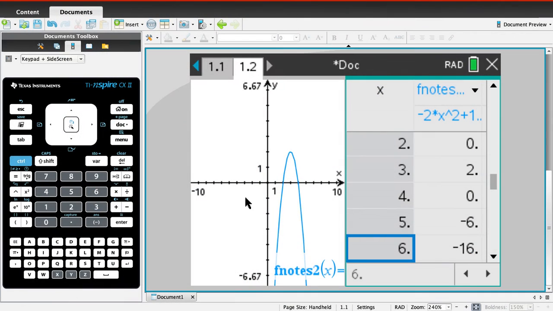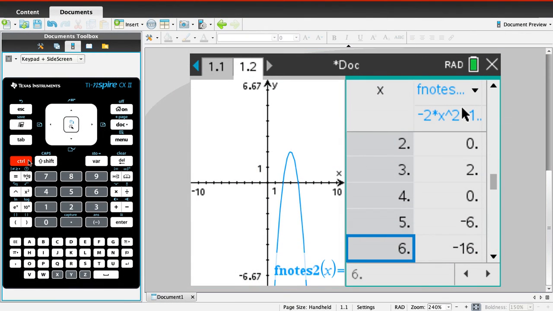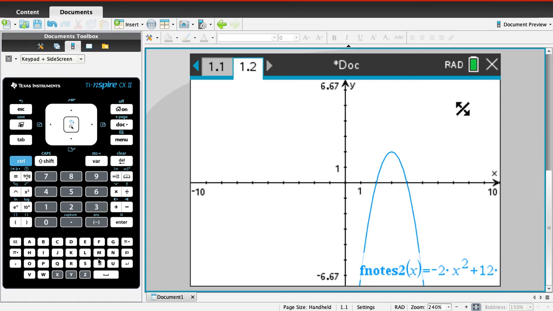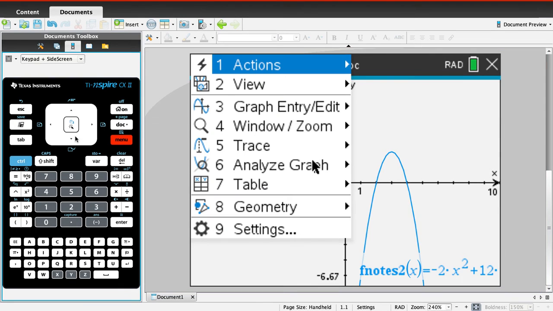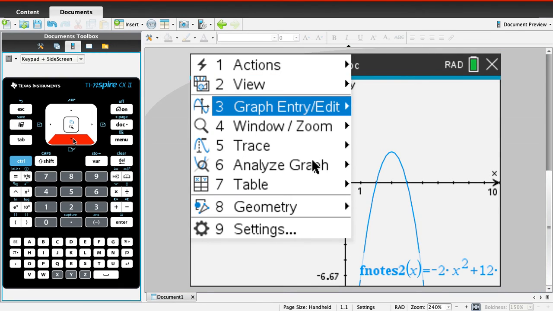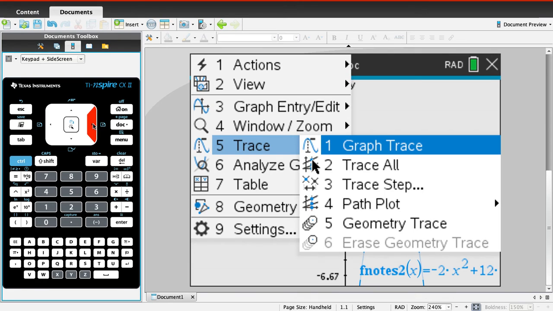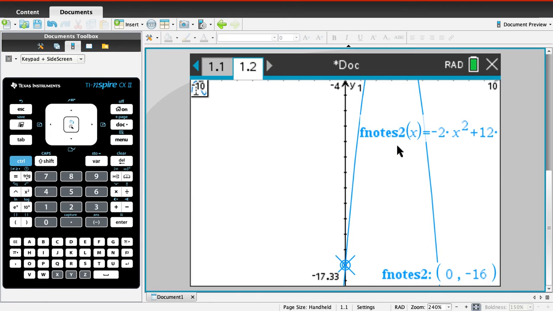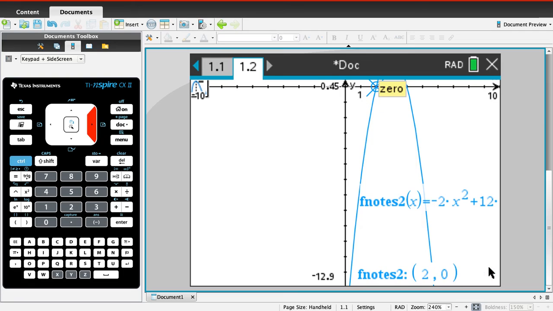But let's go ahead and verify that with our calculator. So I'm going to close my table. And I'm going to click Menu, Trace. And I'm going to go over to Graph Trace. All right. So let's see. So here I identified my y-intercept. Let's keep on heading up. There's my zero x-intercept.